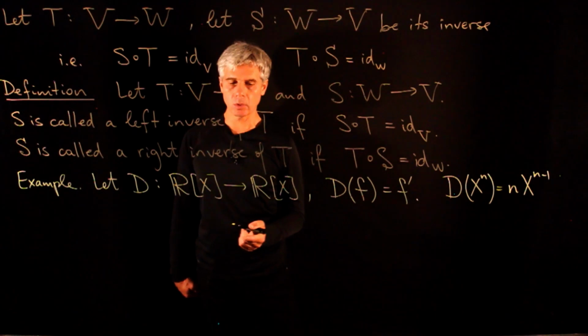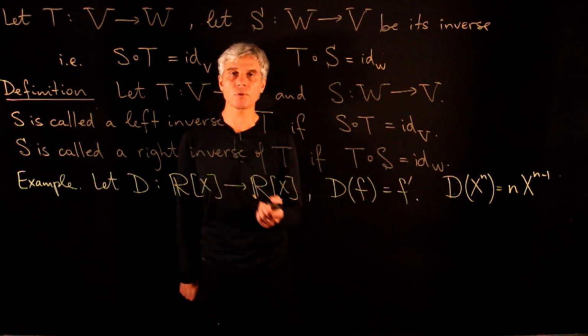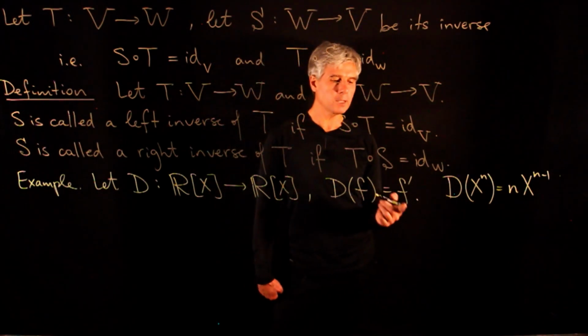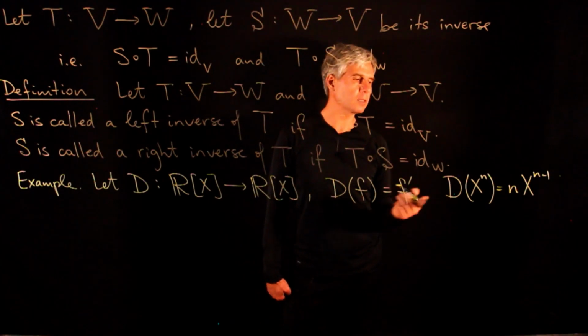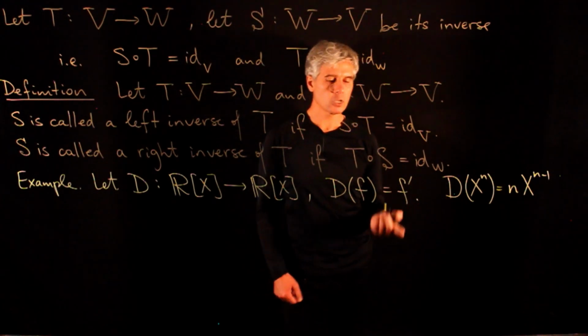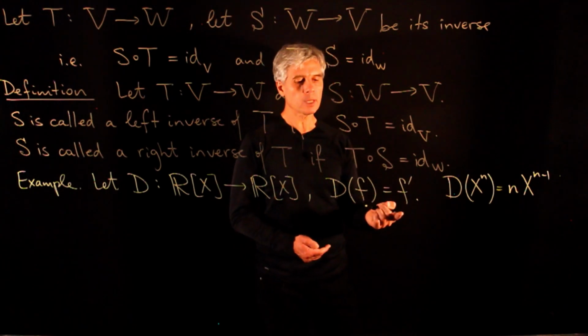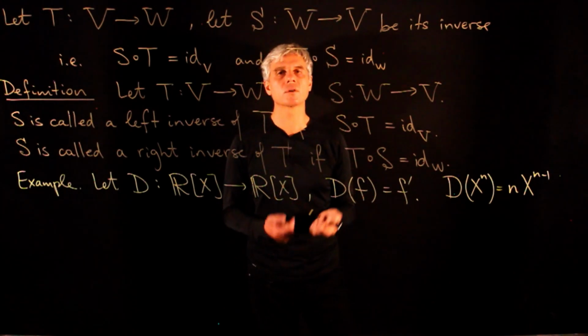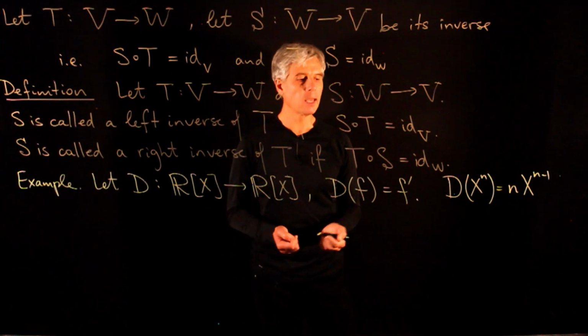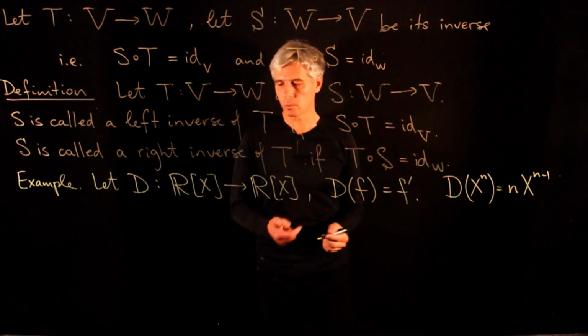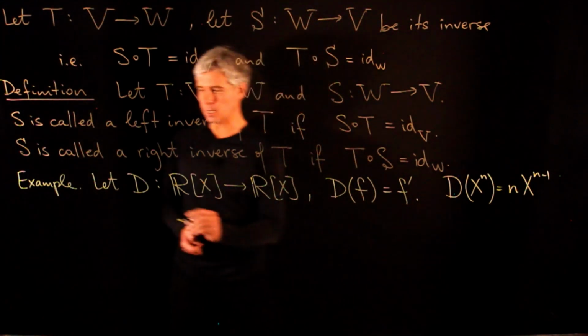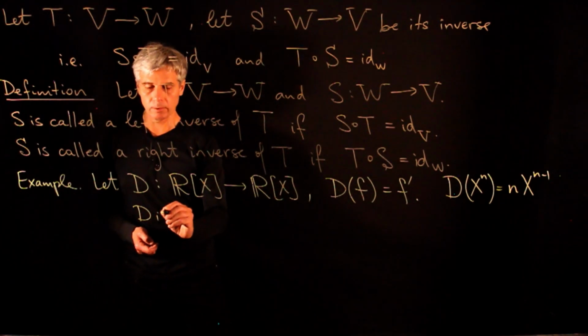We know that the transformation is invertible if it is surjective and injective. Surjectivity would mean that any polynomial can be written as a derivative of some other polynomial. And this is true. So what we see is that D is surjective.